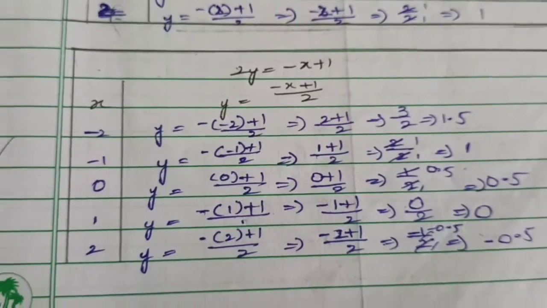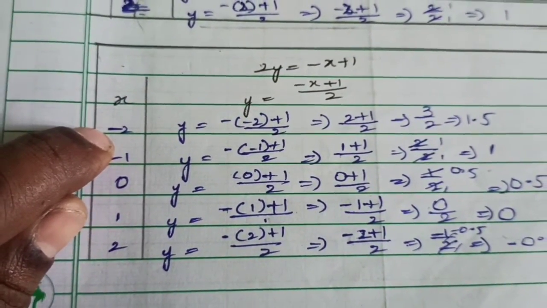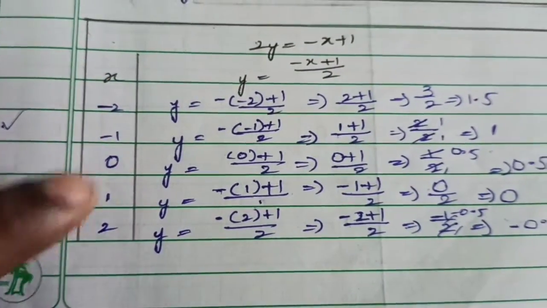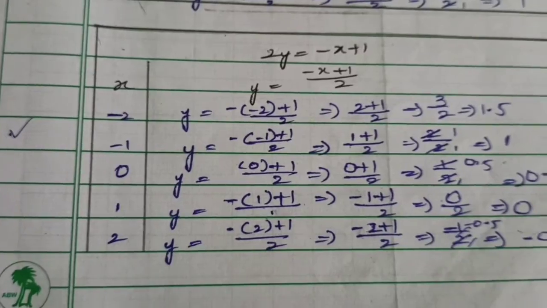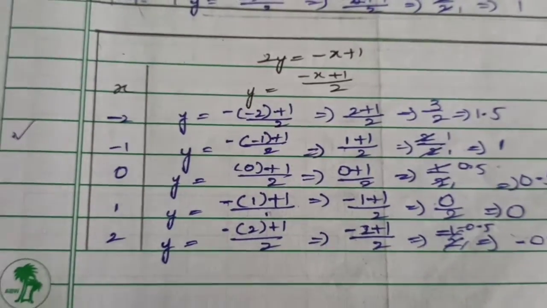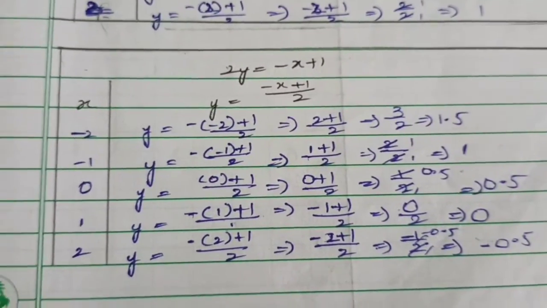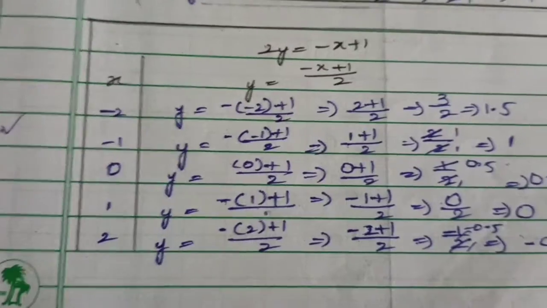Now see, I always tell the children to assume 2 negative values, 0, and 2 positive values: minus 2, minus 1, 0, plus 1, plus 2. So our graph will come out very correctly. That means it will look good, on the negative side and the positive side.